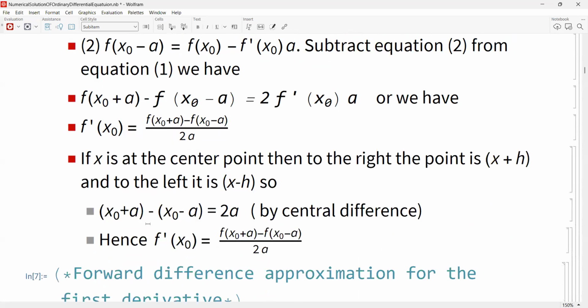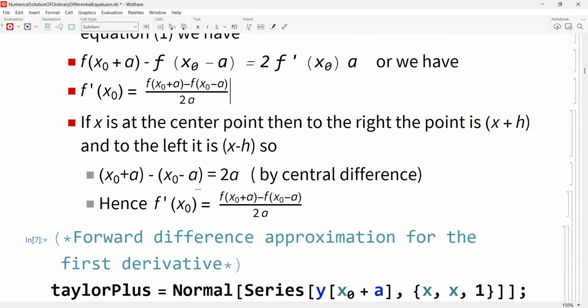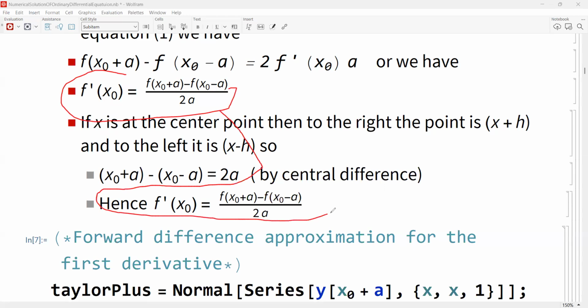So we have the difference equal to 2a by central difference. Hence, our first derivative approximation of f of x sub 0 is equal to this. So like this one, they are the same.